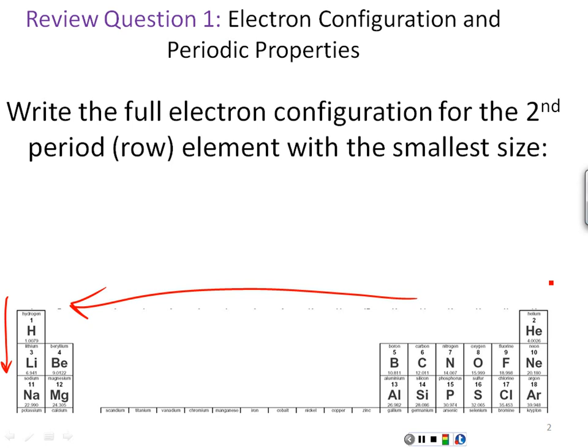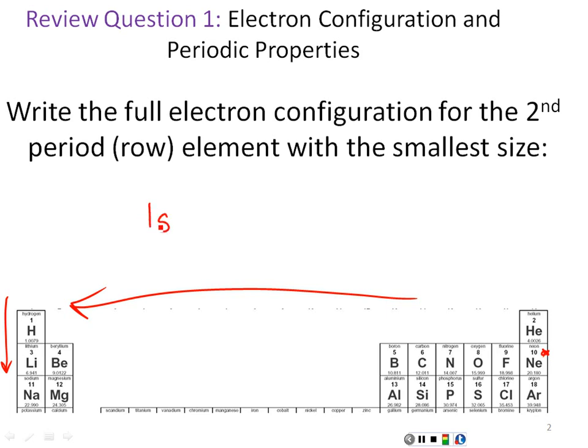So in the second period, the smallest element will be neon. So now we need to write the full electron configuration for neon.